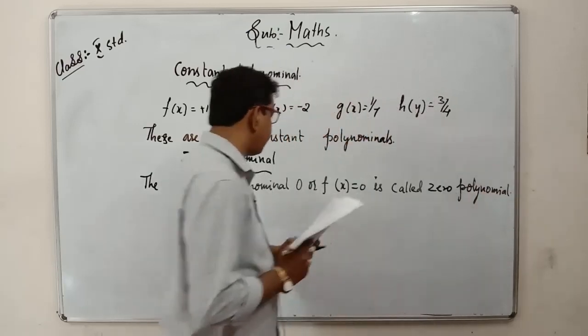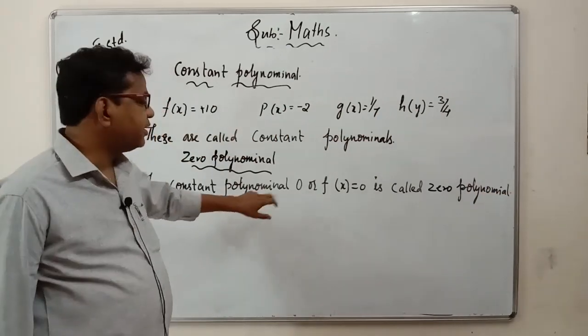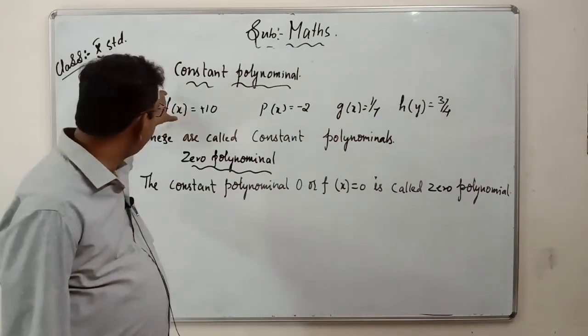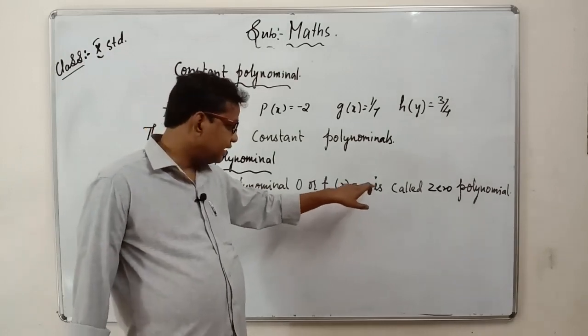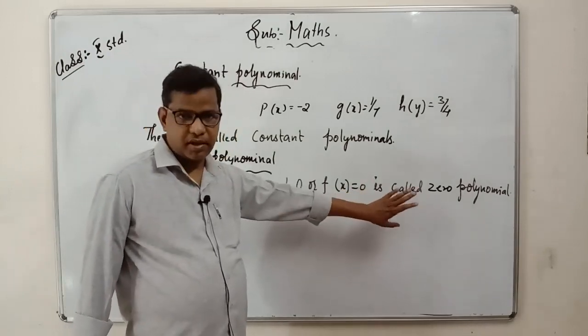So what is zero polynomial? If f of x is 0, then it is called zero polynomial. This you have to keep in mind.